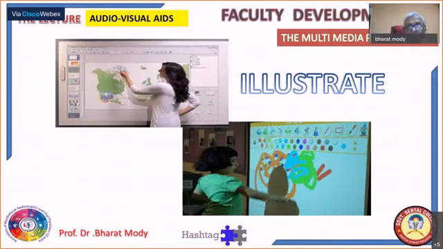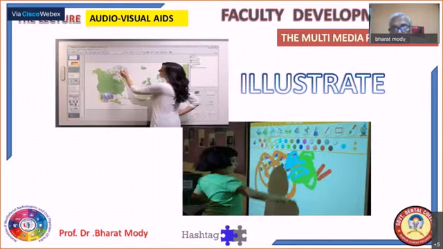The biggest advantage is that whatever drawing and explanation you have done will remain in the same presentation on the whiteboard. So next time you use the same presentation, you will have your explanation also there.